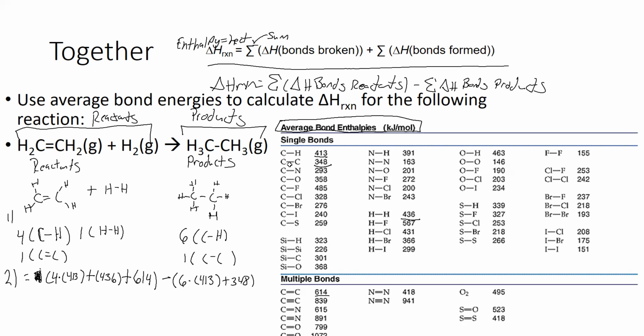So the left side of my equation is 2,702 kilojoules per mole, minus, now I have to do the right side of my equation, 6 times 413 plus 348, which is 2,826 kilojoules per mole.